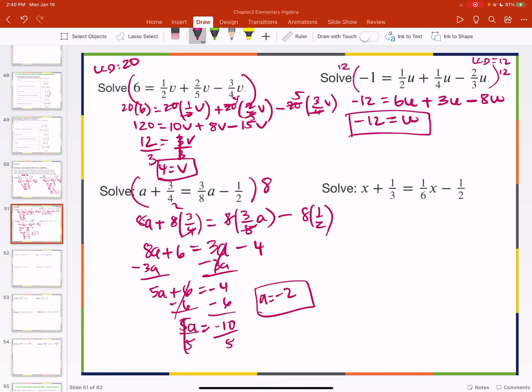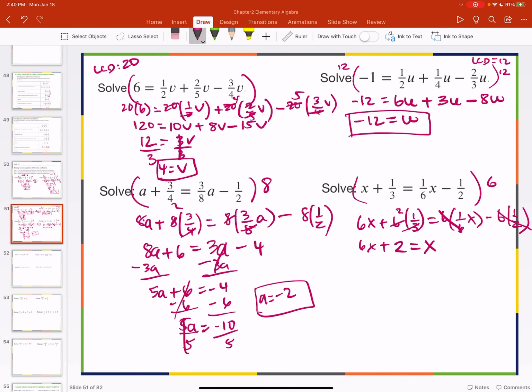Okay, and then this last one, the LCD would be 6. So then 6 times x plus 6 times 1/3 is equal to 6 times 1/6x minus 6 times 1/2. So then that's going to be 6x. This goes into here twice. Plus 2 is equal to, this cancels, you get x.